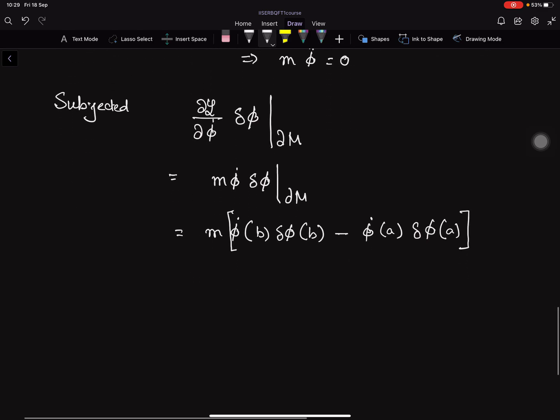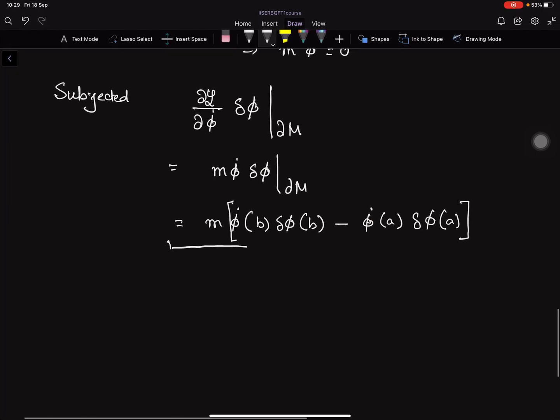So this term gives us the boundary condition.